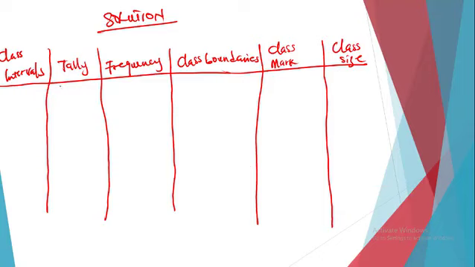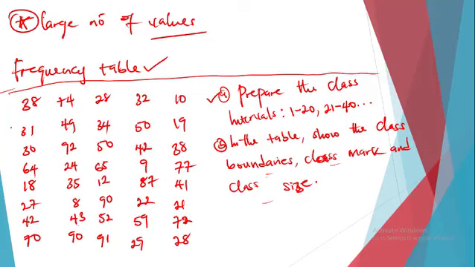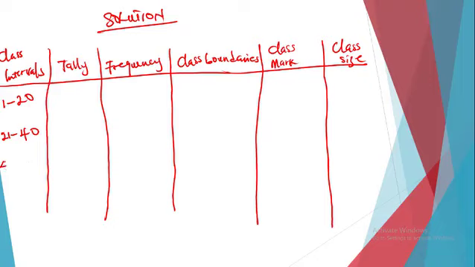We start. For the intervals, we are given 1 to 20, then 21 to 40, from the question. So we then have 41 to 60, then 61 to 80.